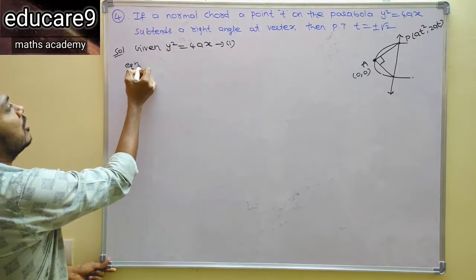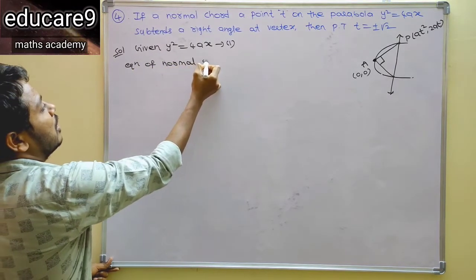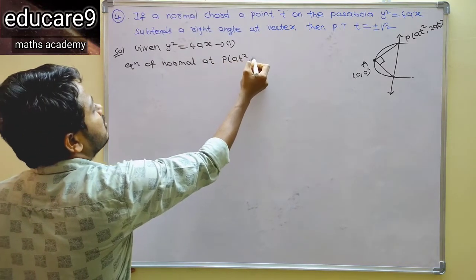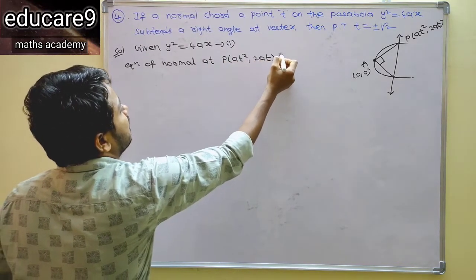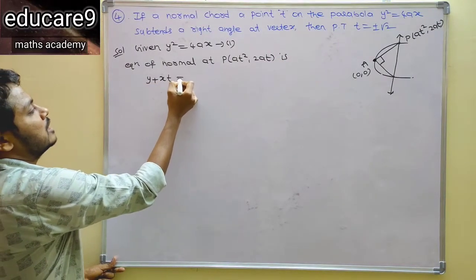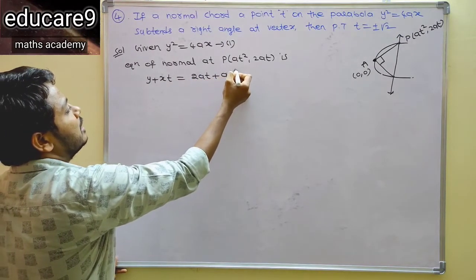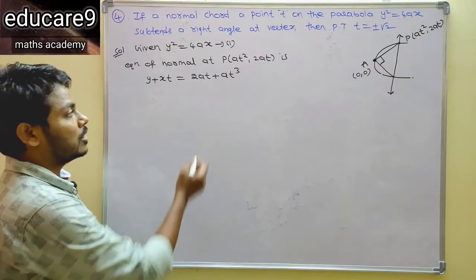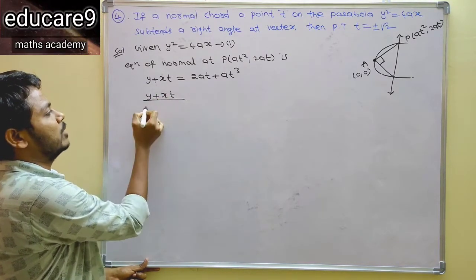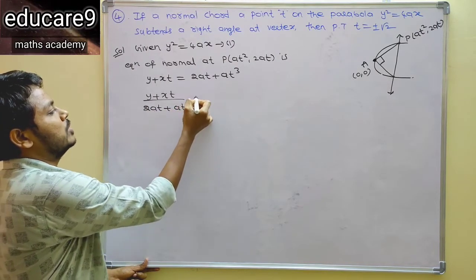So the equation of the normal at P of at square comma 2at is y plus xt is equal to 2at plus at cube. Now this can be written as y plus xt divided by 2at plus at cube is equal to 1.